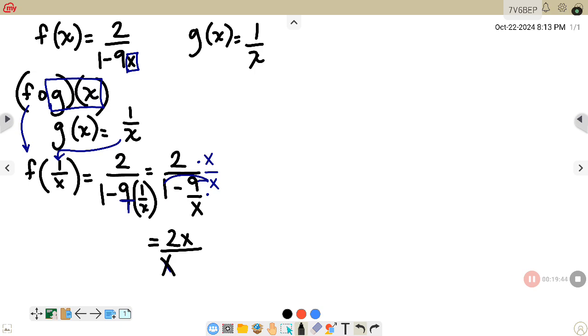Now I'm going to have minus, when I multiply the x times the 9 over x, the x's actually cancel there, so I am just left with the minus 9. So that is f of g of x. So now we are going to find the domain of f of g of x.